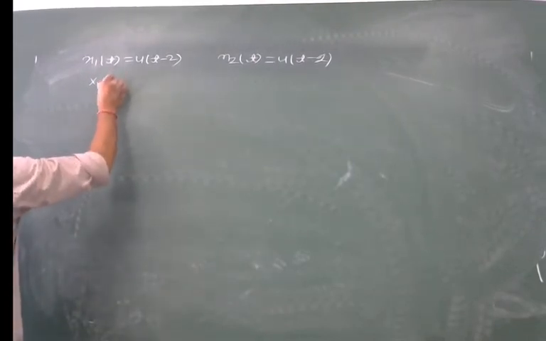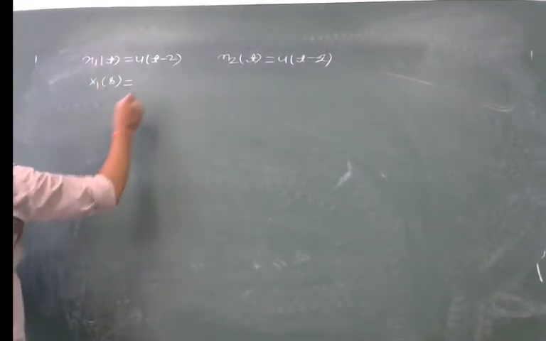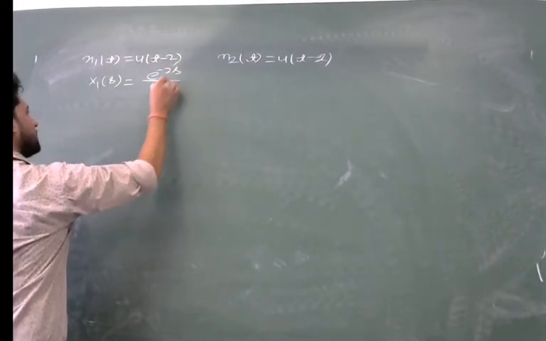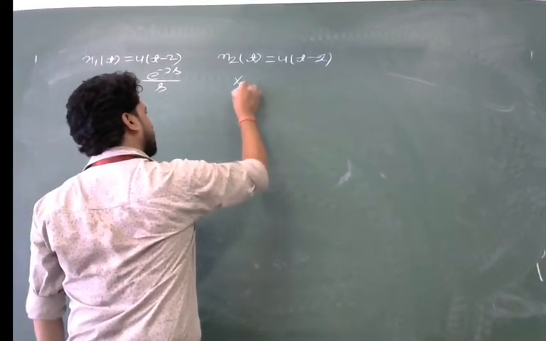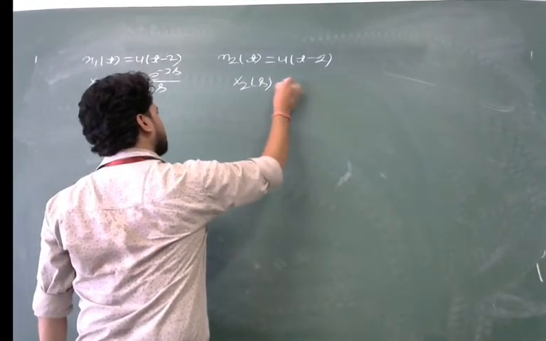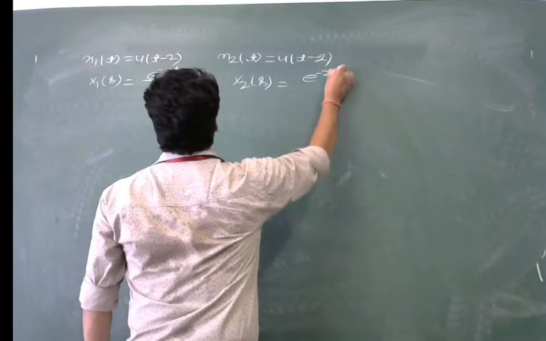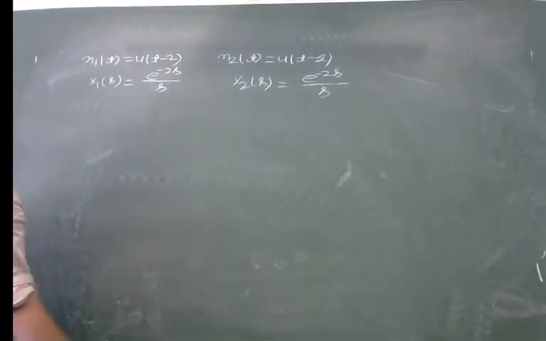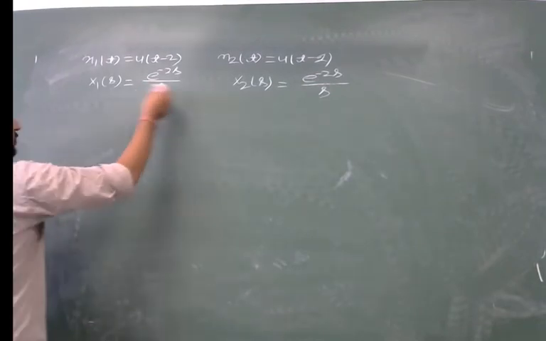First of all, we have to get the Laplace transform of x1(t) as X1(s) is equal to e power minus 2s upon s, and again X2(s) will be the same as e power minus 2s upon s. In the next step, we have to multiply these two.